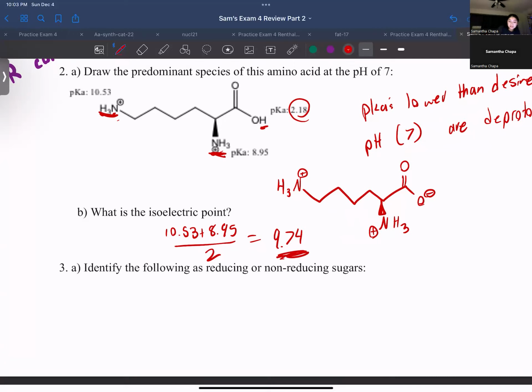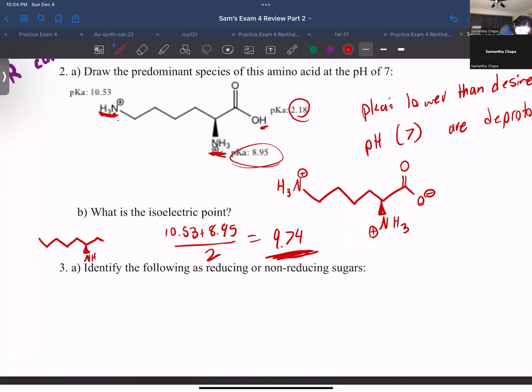So again, we follow the same rules over here. Any pKa below the desired pH, in this case 9.74, will be deprotonated. So let me just draw it out for you. This is just for the understanding part. This will be deprotonated and this will be deprotonated.